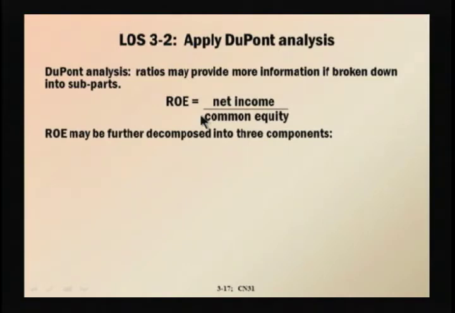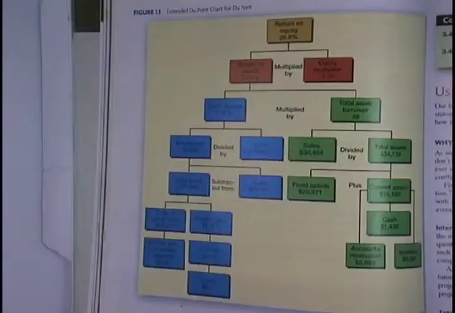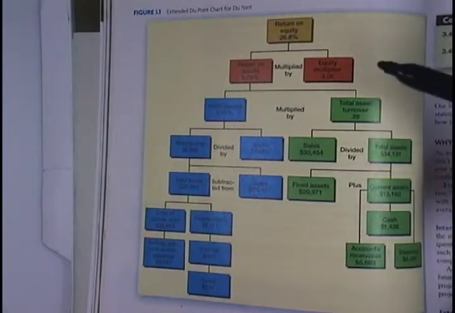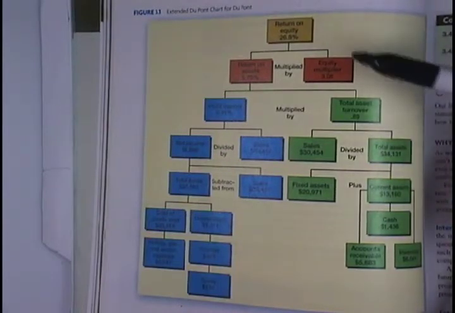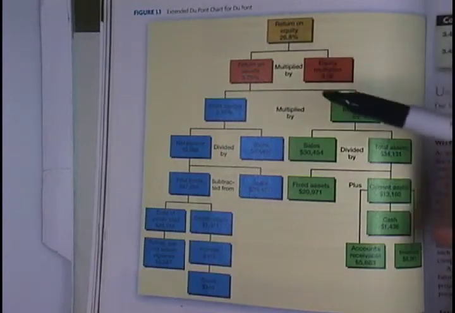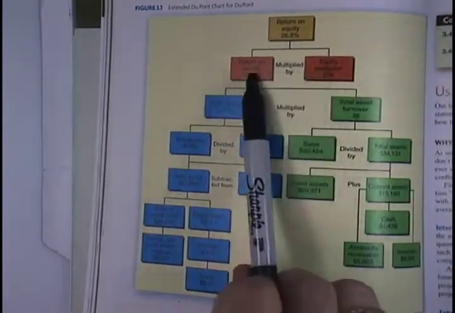This DuPont analysis takes ROE, and for our purposes, we'll break it down or decompose ROE only into 3 components. Figure 3.1 of the textbook shows the expanded or extended DuPont chart for DuPont itself, where return on equity is broken down first into 2 ratios.